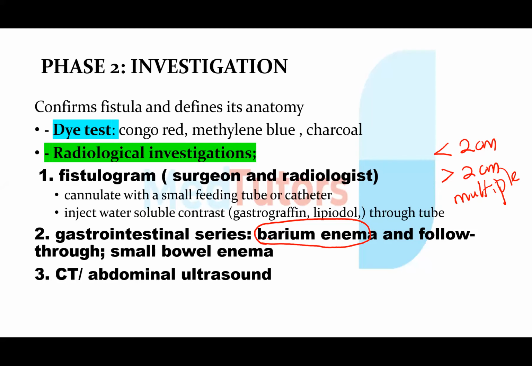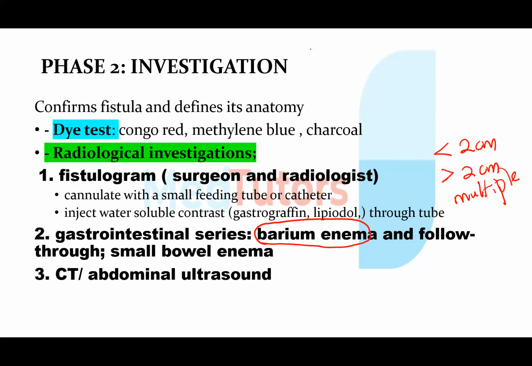Now, abdominal CT scan is also a very vital investigation in evaluating enterocutaneous fistula, because it will show you a complex fistula, multiple tracts, and association with an abscess cavity.